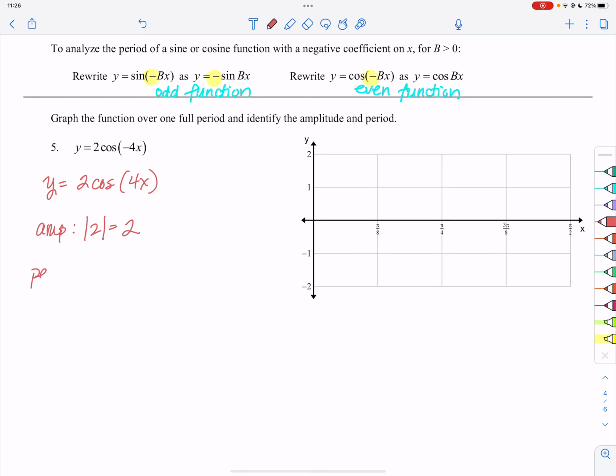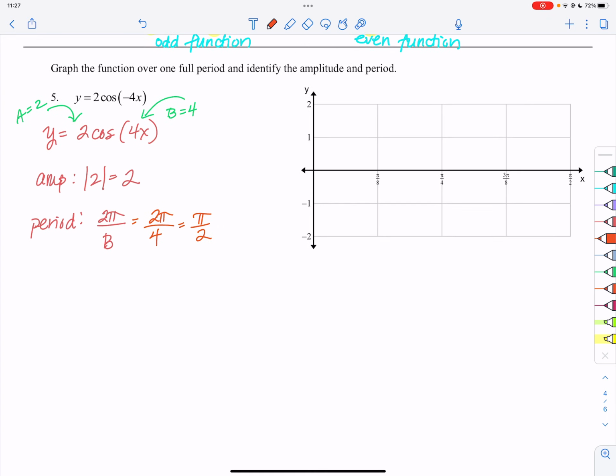Our period, we're going to take 2 pi, and we're going to divide it by b. And in this case, let me write that down, b is equal to 4. And in this case, a is equal to 2, of course. Okay, so now we have 2 pi divided by 4, and we have a period of pi over 2.